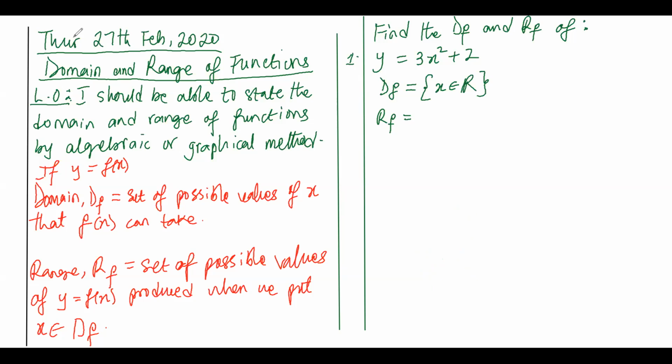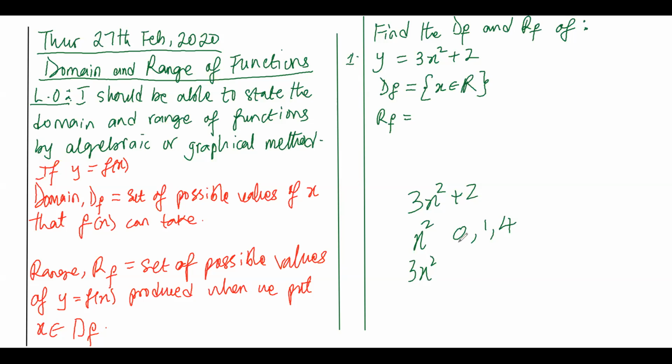So 3x squared plus 2. Let's consider it one by one. Let's consider x squared, then 3x squared. This can be 0, 1, 4, and so on. When you put in 0, you get 0. You put in 1, you put in -1, you get the same. I'm considering only whole numbers because it's easy to work with in my head. Same happens to 0.5 or whatever.